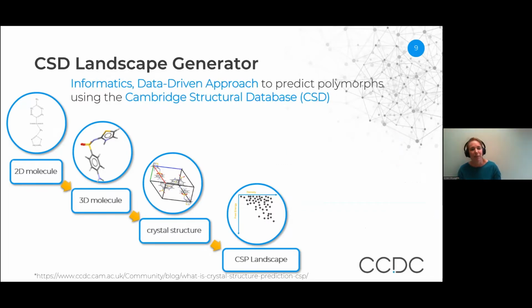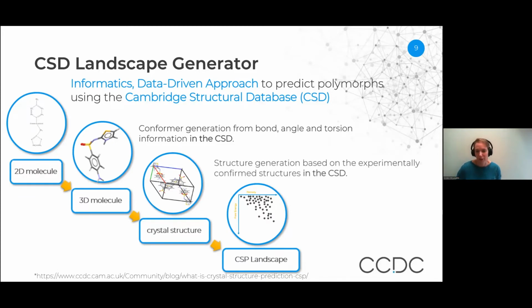At the CCDC, we've produced an alternative method, the CSD Landscape Generator. This takes an informatics approach rather than a first principles approach. We're using the CSD, the Cambridge Structural Database, as the basis. Again, we start with a 2D molecule, but the 3D molecules are generated using bond angle and torsion information that we already have in the CSD.